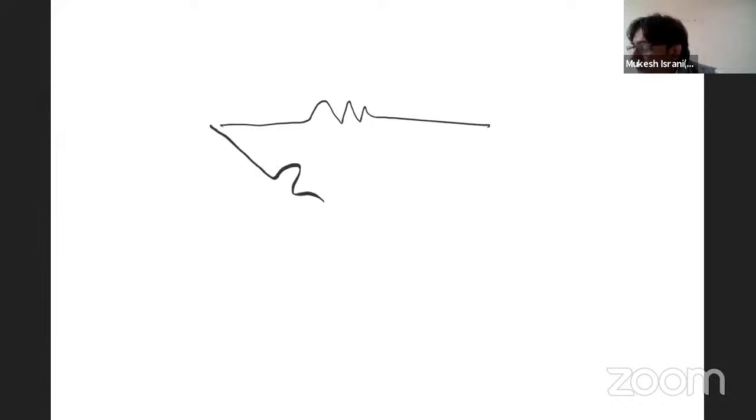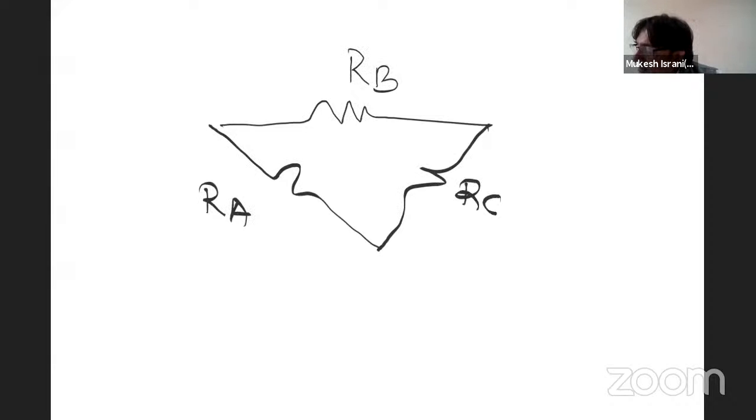Fine. So we'll see what is the formula for conversion from delta to star. So I am drawing the delta network again. So this is my delta network RA, RB, and RC. And inside that, I'll draw another network, which will be a star network, and we'll name them R1, R2, R3.